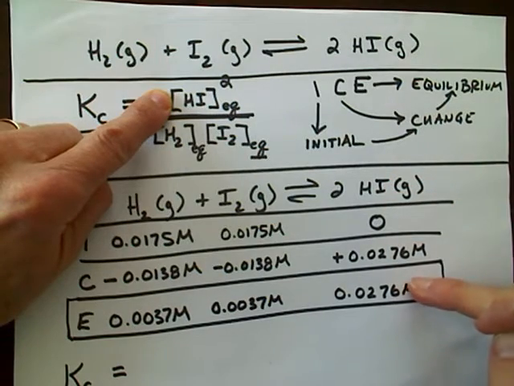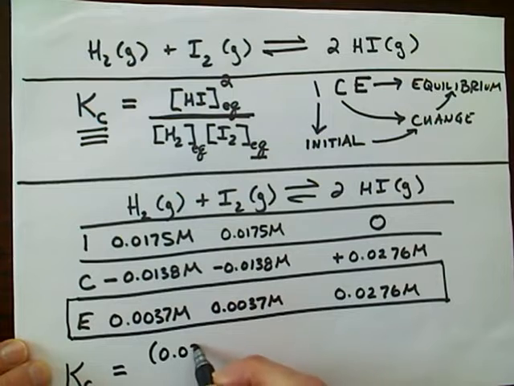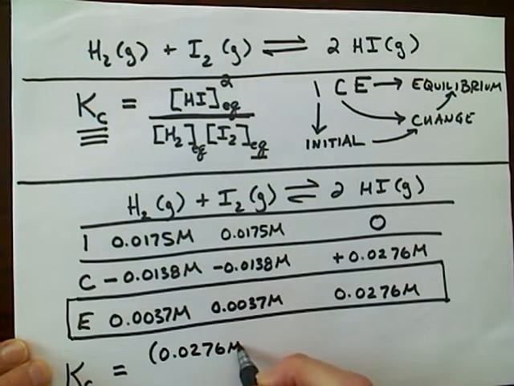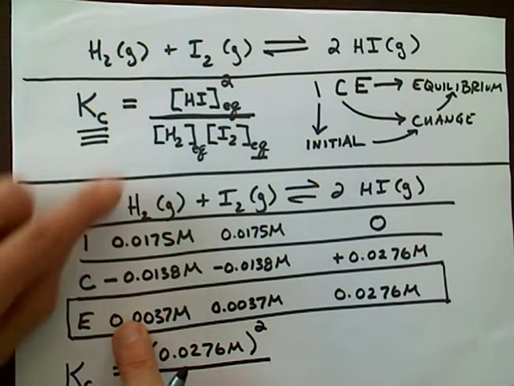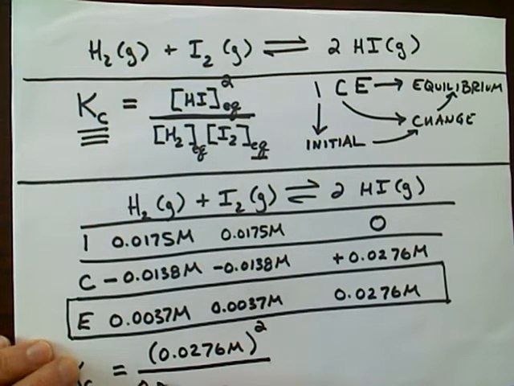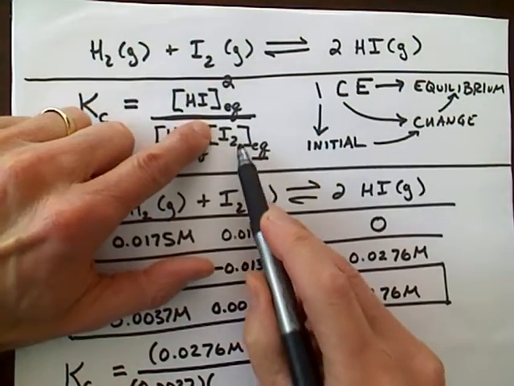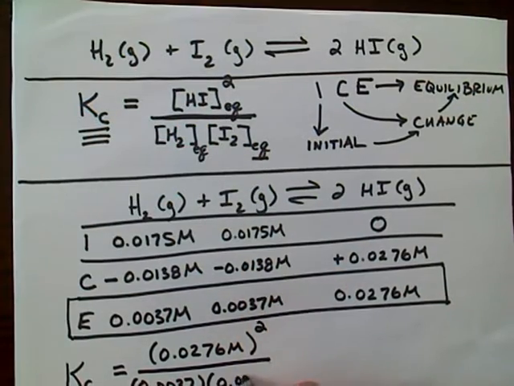So that's the equilibrium value of HI in the numerator, 0.0276. We're going to square this. Let's not forget that. Then we're going to divide by the equilibrium concentration of hydrogen, which is 0.0037. We're also going to divide by the equilibrium concentration of I2, which is also 0.0037.